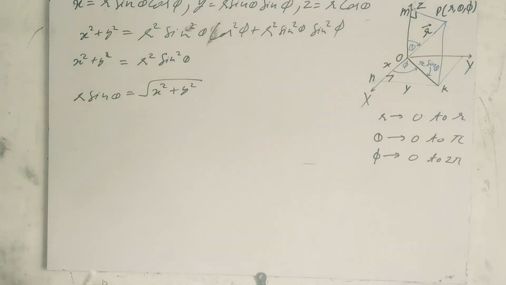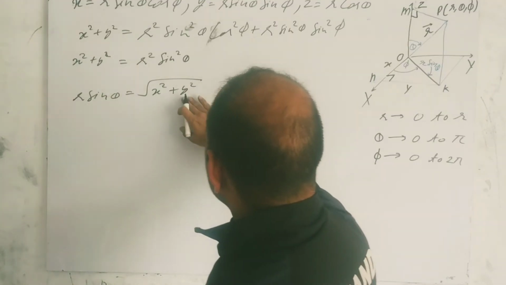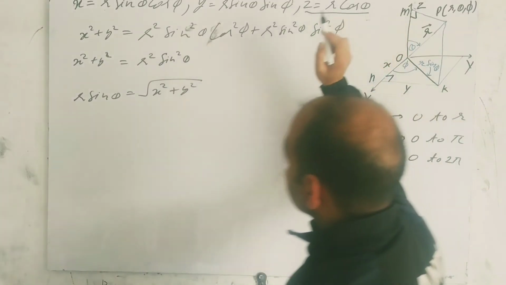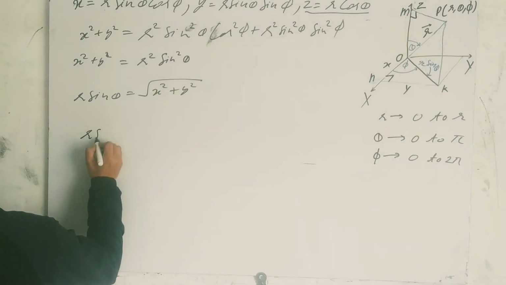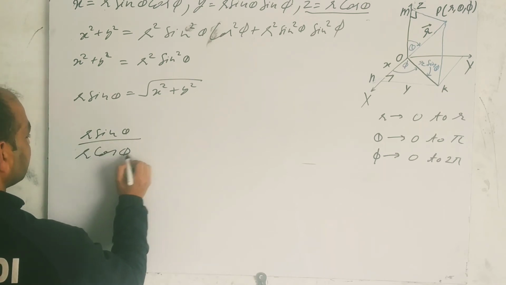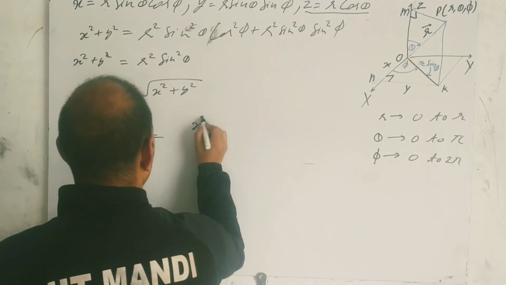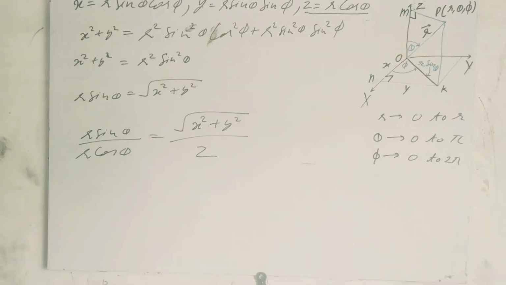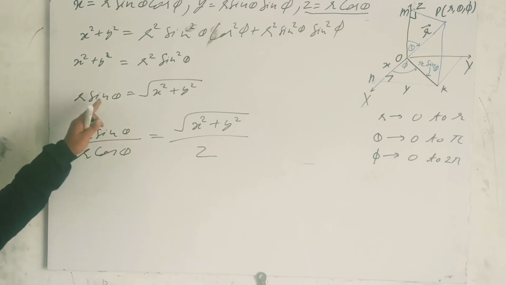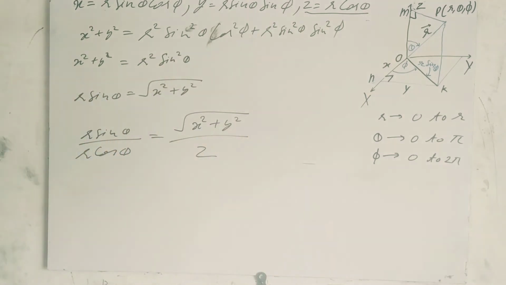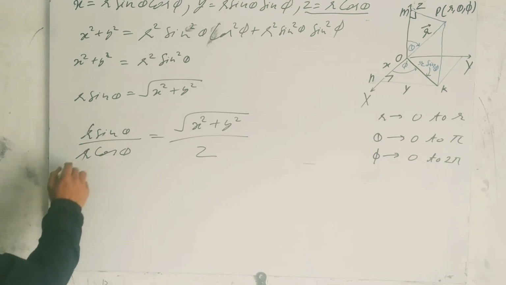Now we will divide this term by the z component. So r sin theta divided by r cos theta is equal to the square root of x square plus y square divided by z. So r will cancel out.